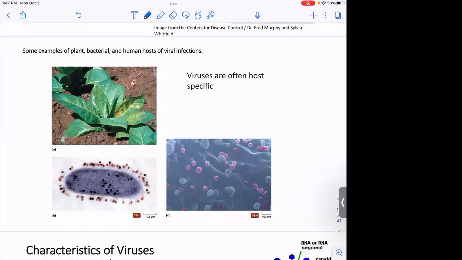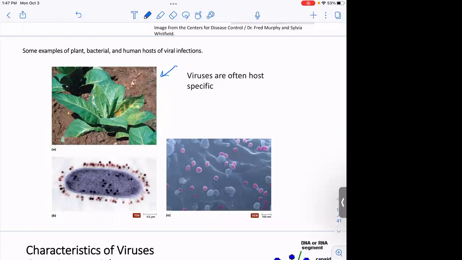But a lot of viruses like HIV, if you inhale it, you're not going to get sick. If you eat it, you're not going to get sick. It's only certain kinds of tissues in our body that it will be able to infect. But viruses, basically, any kind of animal, there are ones that can infect that species. Like here's plants. This is tobacco mosaic virus.